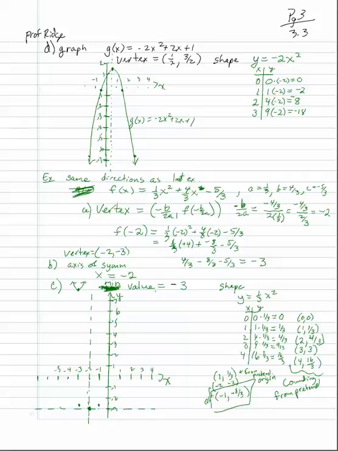Then I do 2, 4/3, mirror image. 3, 3, again counting from the vertex, do my mirror image. 4 and 5 1/3, so 1, 2, 3, 4, 5 1/3. Mirror image, and that's enough. If you want to do one more, you do 5 squared, 25 divided by 3, which would be 8 1/3.